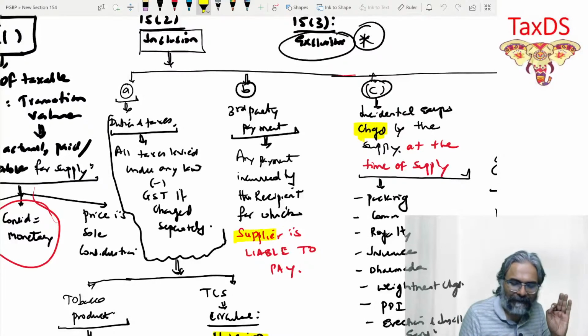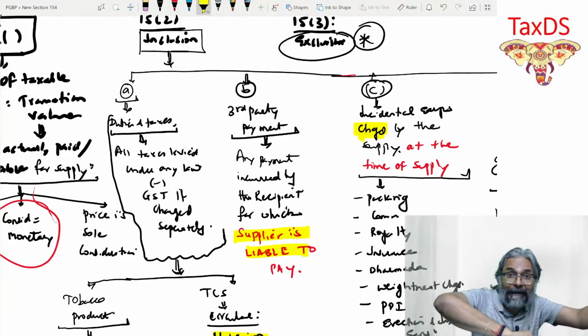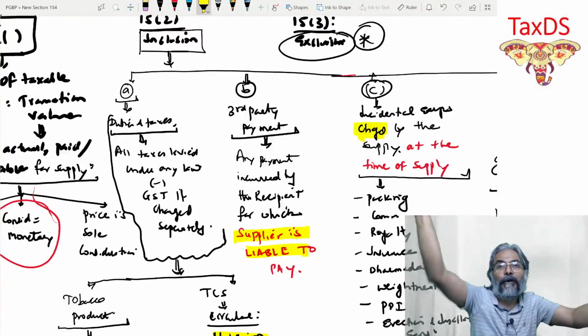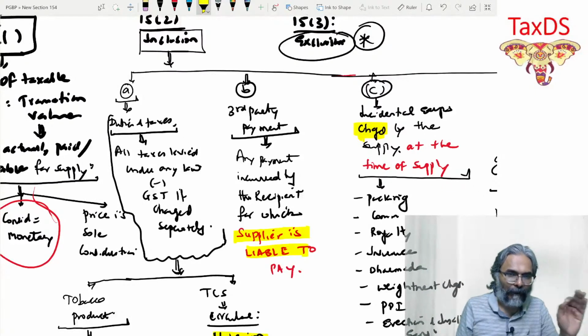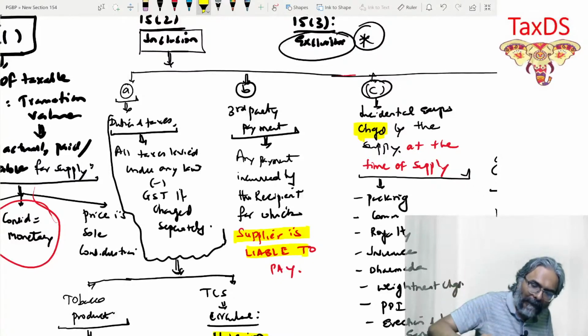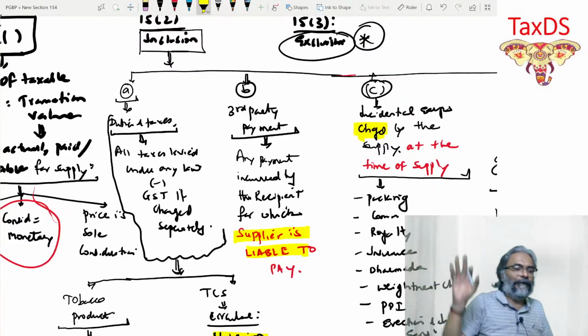Check out if the supplier was liable to pay for something, but the recipient has paid it subsequently, on the basis of which the price has been reduced.